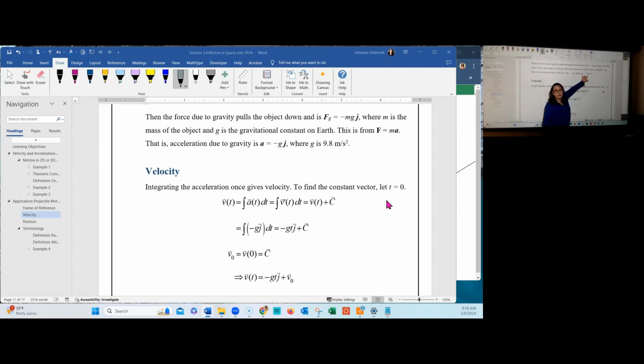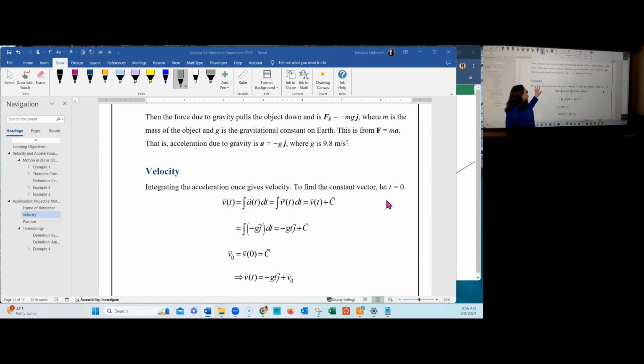I let gravity be 9.8 meters per second squared in the metric system. And I wrote it as negative mg in the j hat direction, because again, the arrow is being shot this way. It has horizontal motion and vertical motion, and gravity is pulling it straight down to the ground. So the motion is in the negative j hat direction, down.